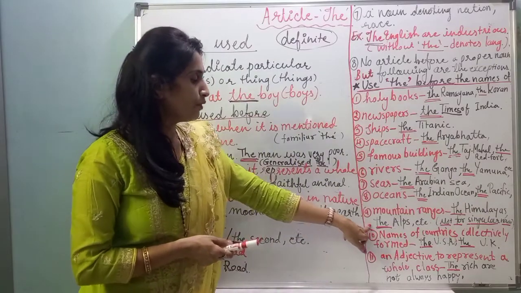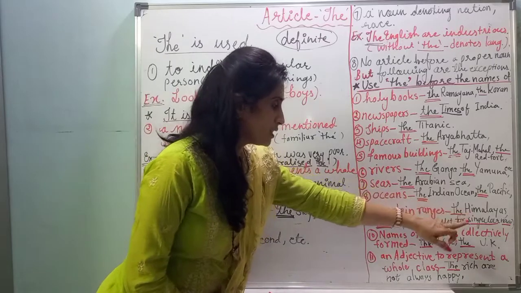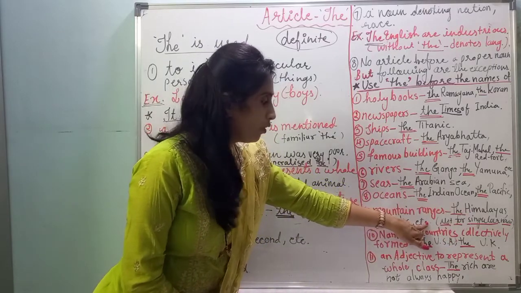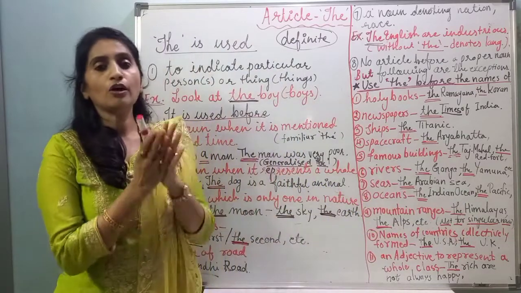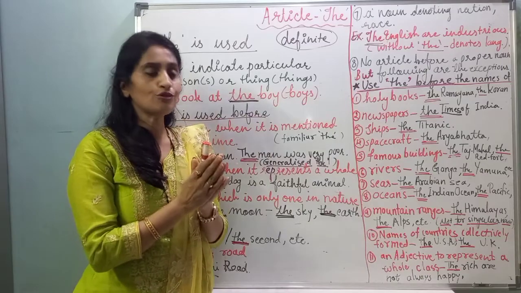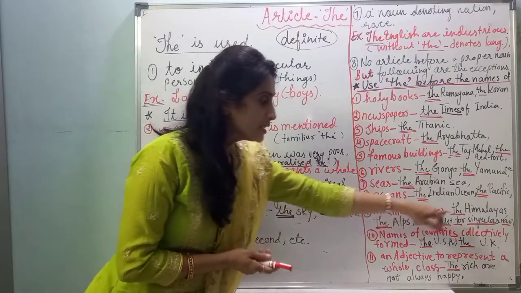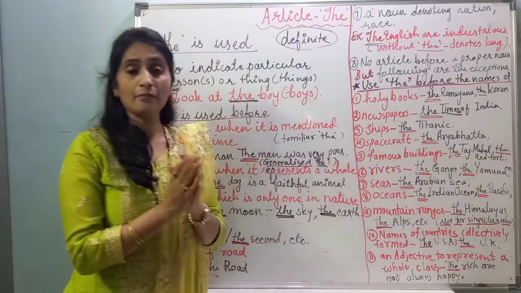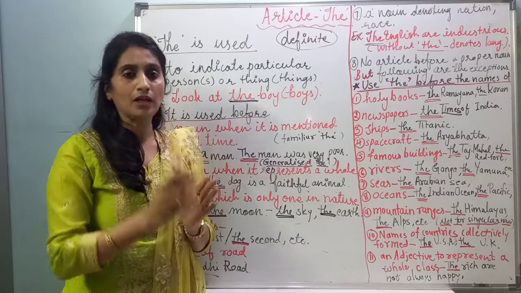Then, before the mountain ranges, the Himalayas, the Alps, etc. Okay, not for singular noun, not the Himalaya, you should make use of the article the before the mountain ranges. For example, the Himalayas. Don't say the Himalaya.